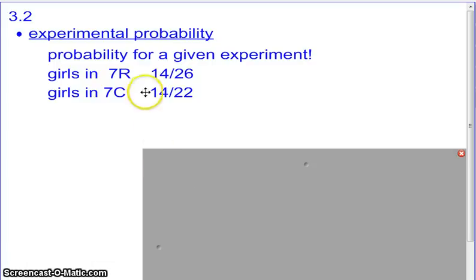So it was the girls out of the entire class. Now both of these are fractions that can be simplified. We could take 14 over 26 and divide top and bottom by the GCF and call it 7 over 13. And in the case of 14 over 22, we could call it 7 over 11.